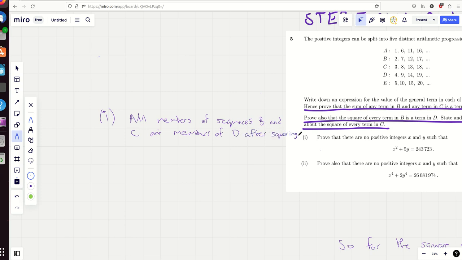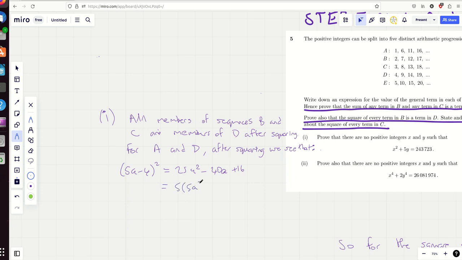We've just proved that. For A and D, after squaring, I think they end up being members of A. Let's have a look. So we've got 5A minus 4 squared, which is 25A squared minus 40A plus 16. That's 4 less than a multiple of 5.